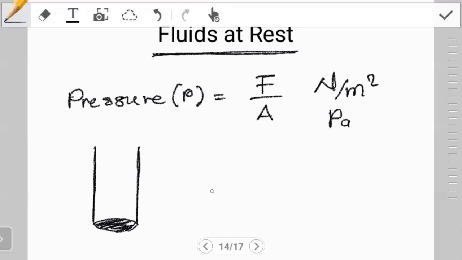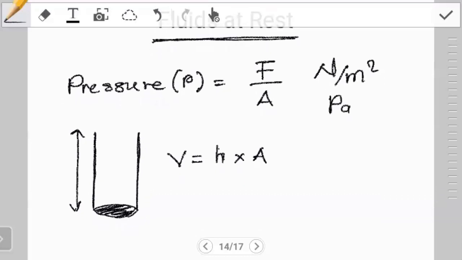If you wanted to get the volume of such a shape, you'd multiply the area by the height of this object, from the top part down to the bottom. That gives the volume of this object. This implies that the area can be expressed in terms of volume and the height.